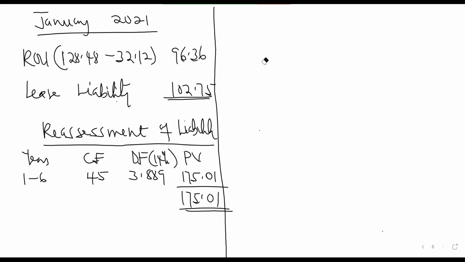All right. But what is the lease liability in our books? 102.72. Okay. What is the increase now? 72.26.